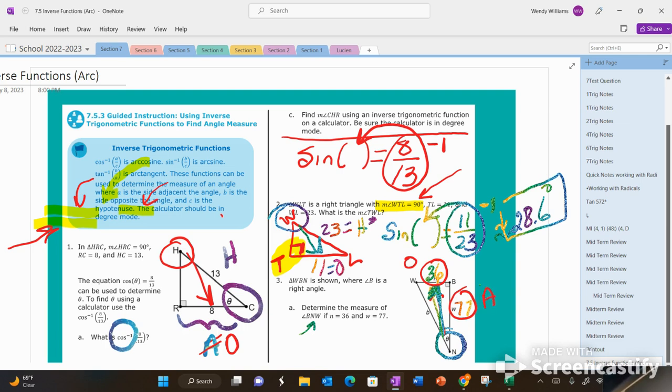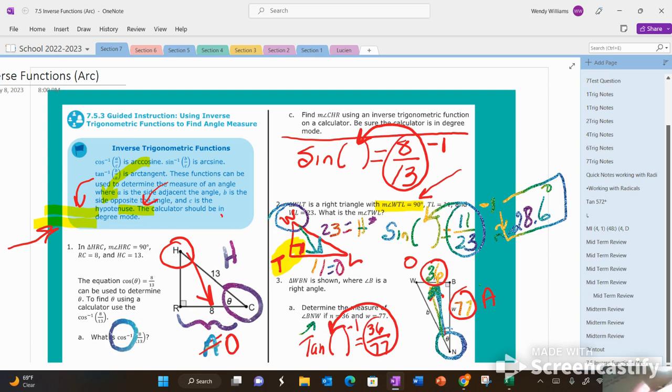And which trig function is opposite and adjacent? You got it, tangent. So tangent of the angle we're looking for is going to equal opposite 36 over adjacent 77, and we go back and find it.